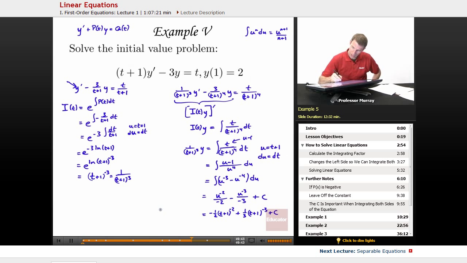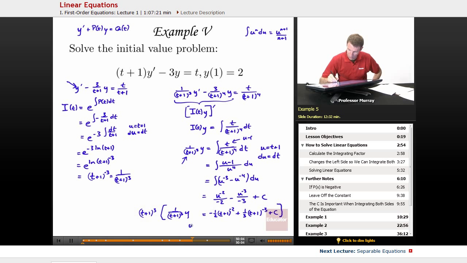And this was all equal to 1 over t plus 1 cubed times y. And now I want to solve for y, so I'm going to multiply both sides by t plus 1 cubed.